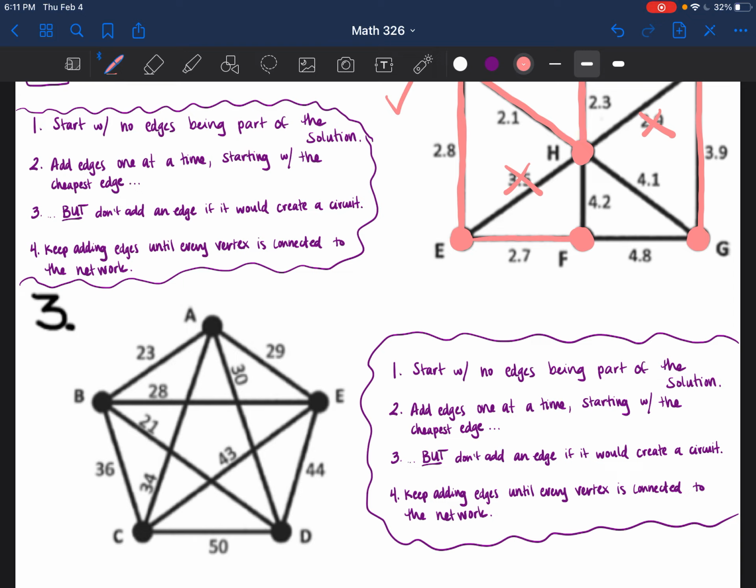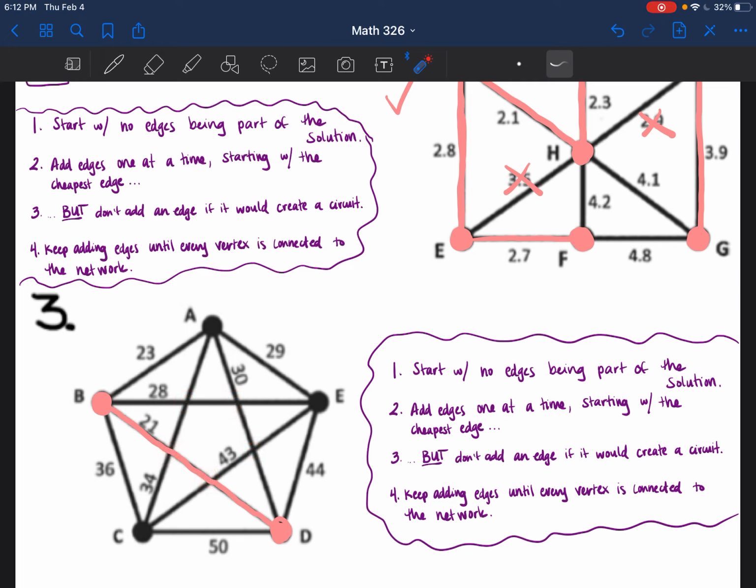So we're looking for our cheapest edge, and I think the 20s are going to be our lowest to start with. And I see 23, 21, 28, and 29. So 21 is going to be our lowest. And I also want to note that these are not vertices right here.